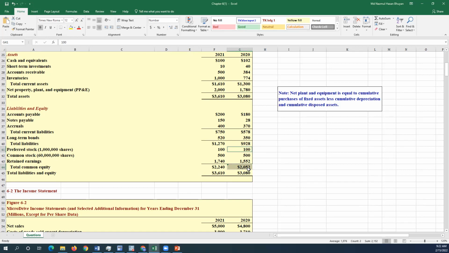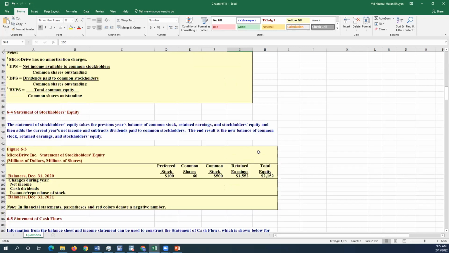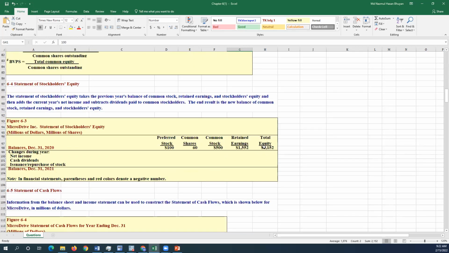The sum of both of these accounts gives us total equity, which is 2152. So we got the right total equity amounts at the end of year 2020 and at the beginning of year 2021. Now let us include the changes in the statement of shareholders equity during the period 2021.